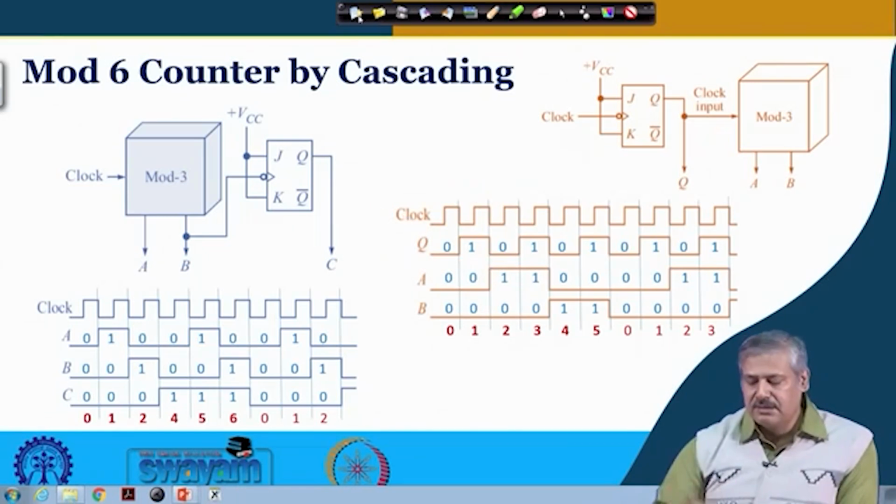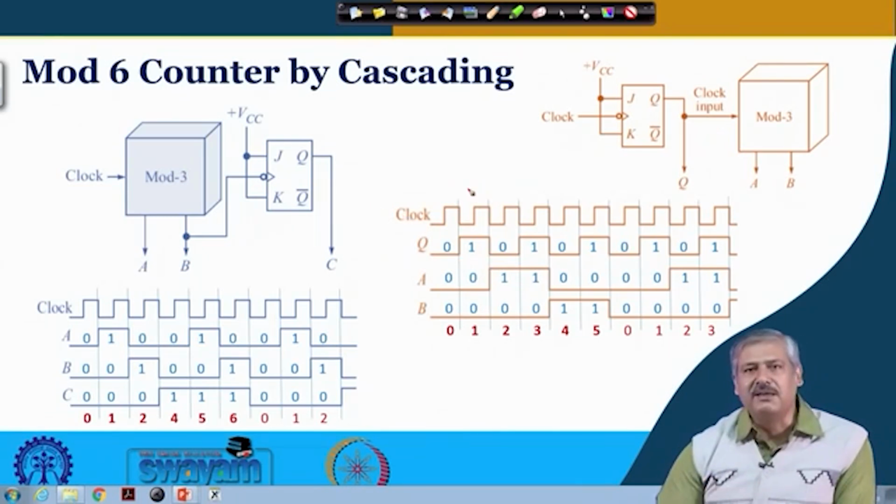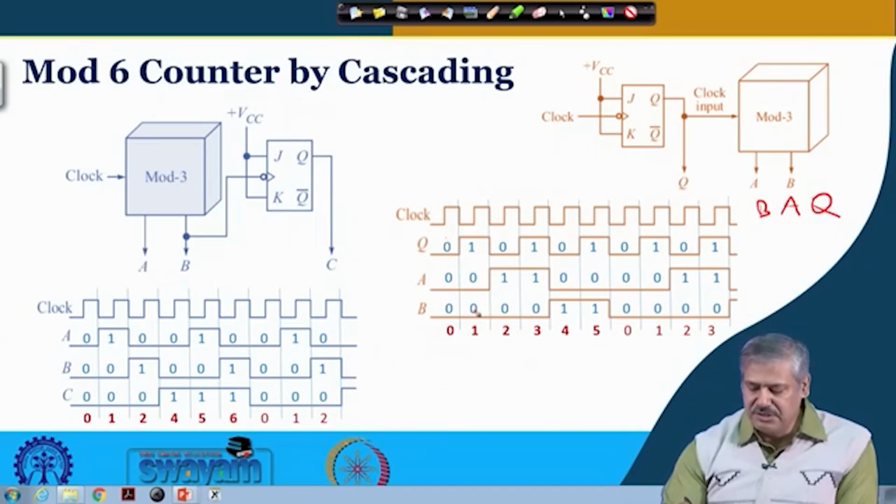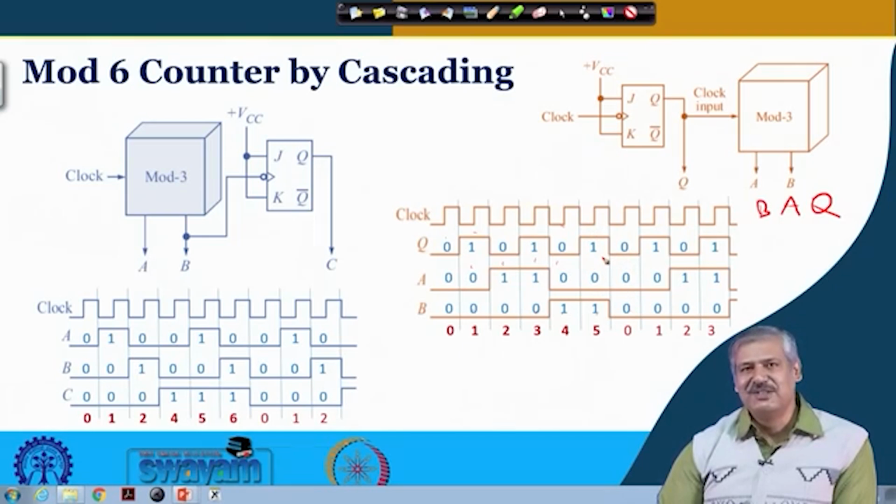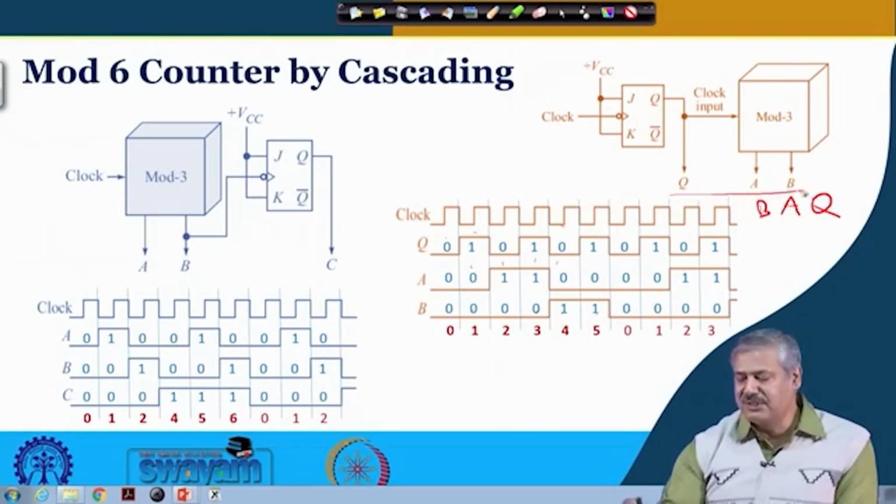Okay, right. Now, if you do the reading from B, A, Q, as I said, MSB is your B and A is Q. So, 0, 0, 0, 0, 0, 1, 0, 1, 0, 0, 1, 1, 1, 0, 0, 1, 0, 1, and then again 0, 0, 0 is coming. Okay. So, that is the way you have to read the data.